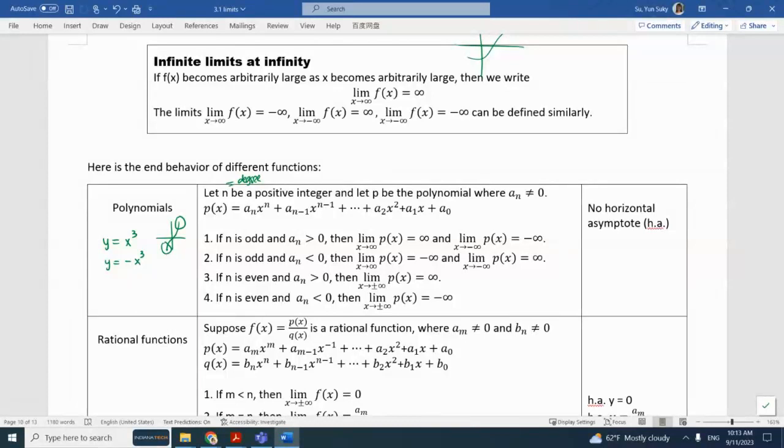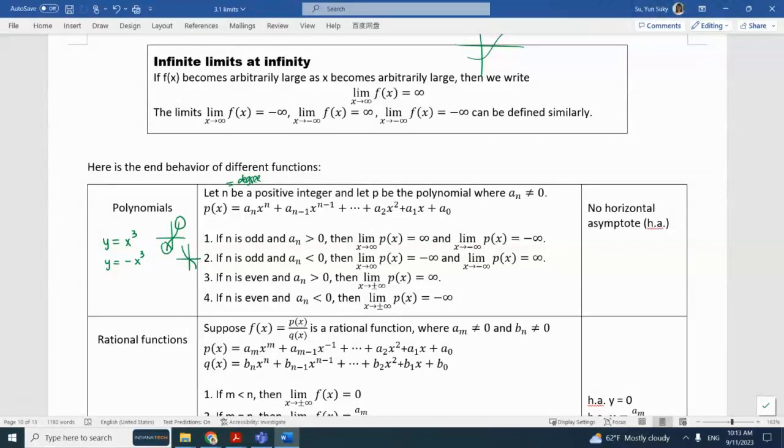Instead of that, it's going to be that. Right? So let's draw a picture. So like that. Now, do you see when x goes to infinity, what happens to your y? Negative infinity. When x goes to negative infinity, what happens to your y? Positive infinity. Yes, everybody? Okay, good.